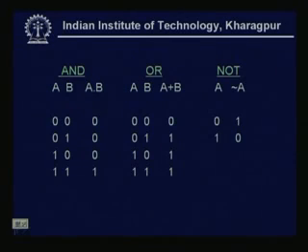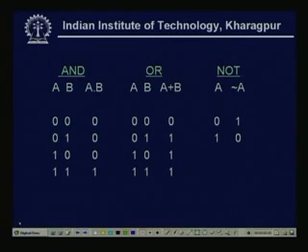Now, we remember AND, OR, NOT. Again, if we take the concept of Boolean algebra, see, these A, B are the elements. Now, the operator, say A dot B, is similar to our AND gate, that means this is the truth table of the AND gate.